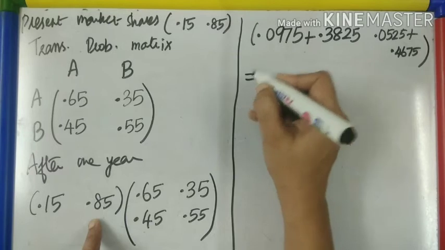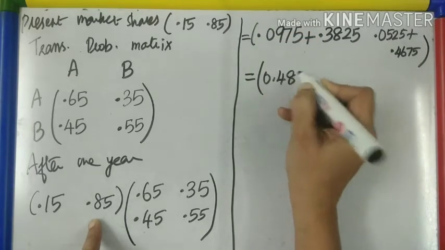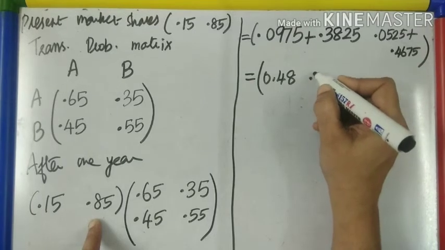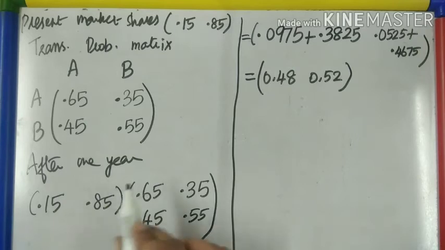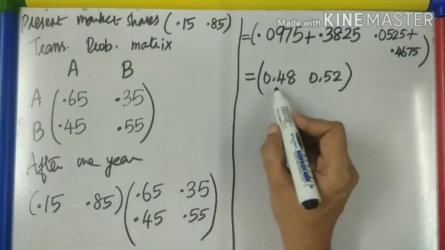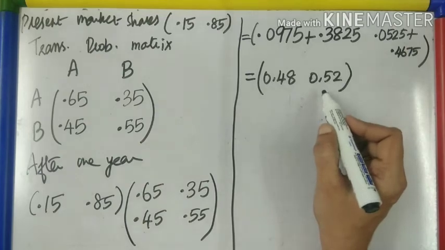Put the total. This is equal to 0.48 and 0.52. So we will say after 1 year, A's share is 48% and B's share is 52%.